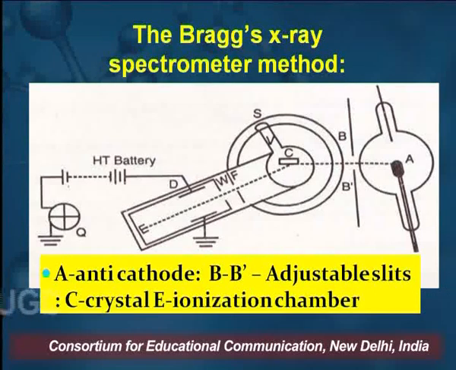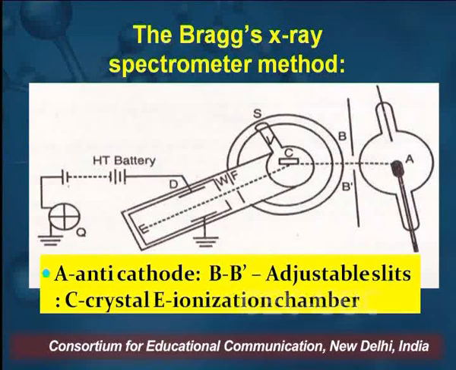B is an adjustable slit from where the beam is passed on the crystal, C is the crystal, and E is an ionization chamber where the crystal is placed, and it is connected with the HT battery so that we can adjust the position of the crystal. And this is the arrangement of the Bragg's X-ray spectrometer.